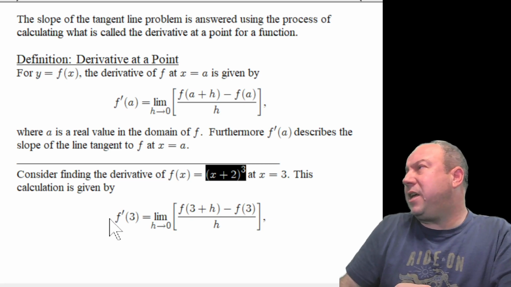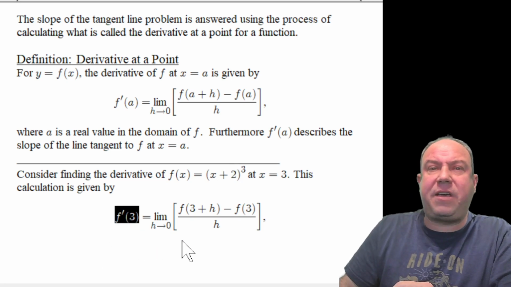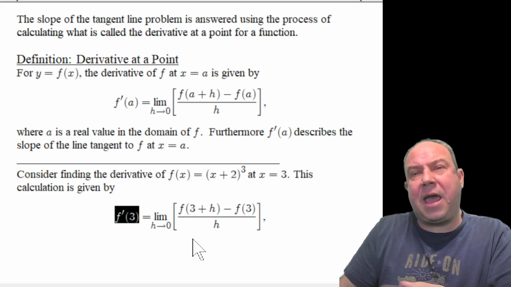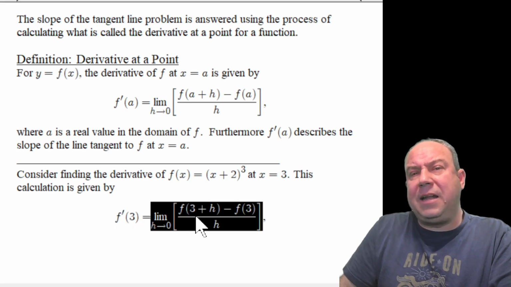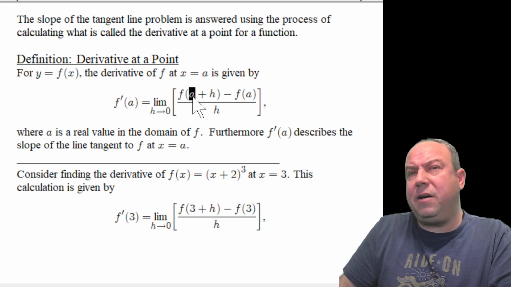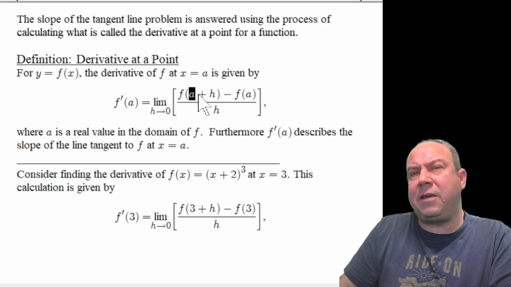Well, that slope of the tangent line, that derivative of f at 3, is given by f prime at 3. And it's the limit calculation above where we substitute in the value of 3 for a, here and here in the calculation.